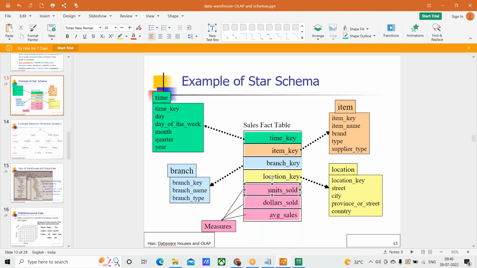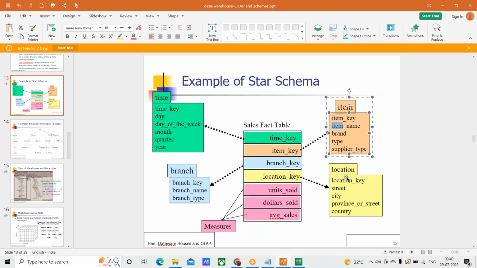It will have measures like items sold, total amount, total sale, or average sales. These are called measures. Like item price, based on which we can calculate total sale. Once you have item price and quantity sold, you can join with the item table and get, for a particular item, how many items or how much amount was sold.